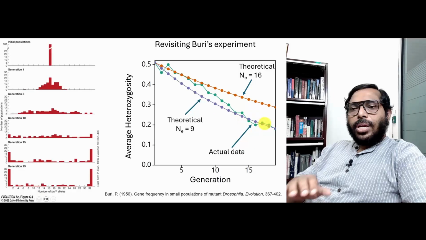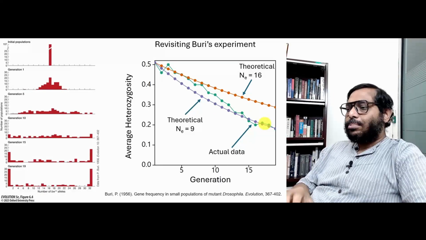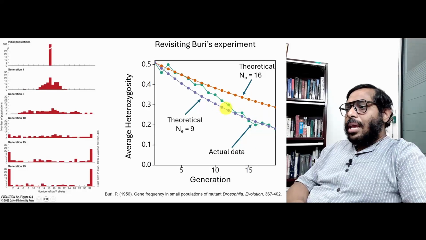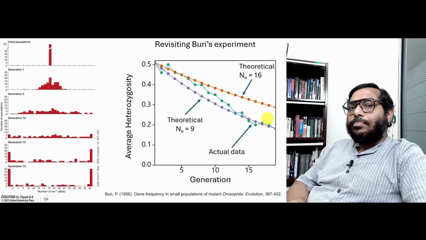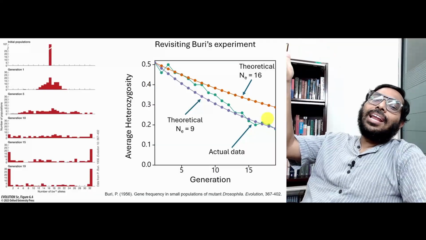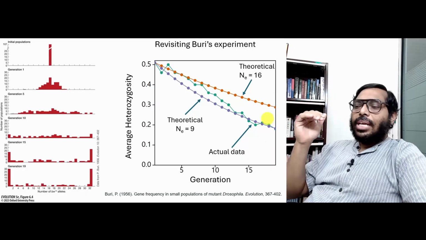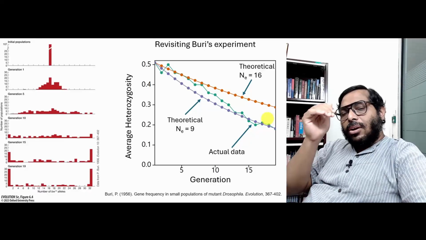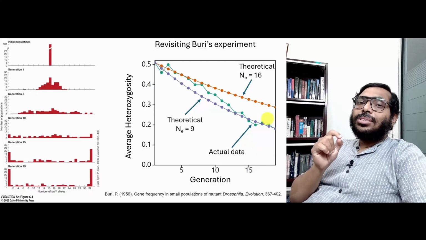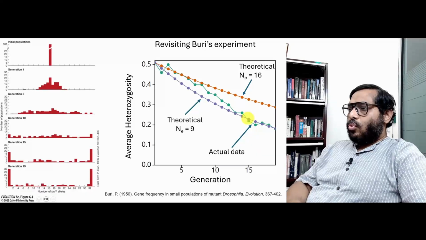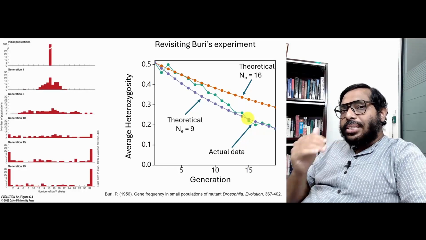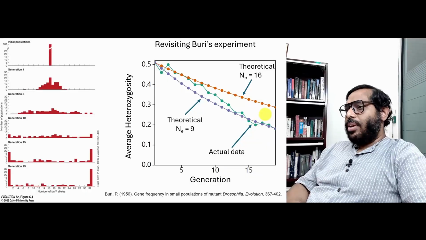Towards the later part, to a great extent it overlaps with the Ne equal to 9 line, which essentially means that in the long run this population is behaving as if it has only 9 individuals of the idealized population. And that is why we say that the effective population size in Buri's experiment was only 9, even though the census population size was 16, right. So, this gives us some idea about how we can measure the effect of drift in real life data.